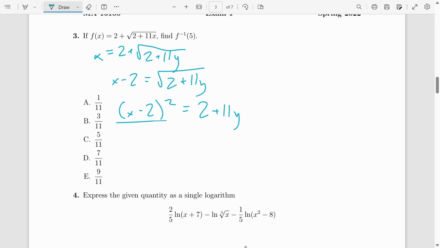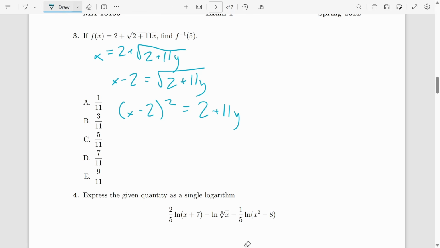Should I go ahead and expand? Actually, I'm going to say we shouldn't expand this, because I think it would end up being more work for you, and we're just going to plug in 5 into it at the end. So I think it'd be easier if we left that unsimplified.